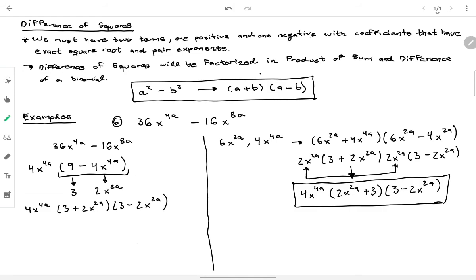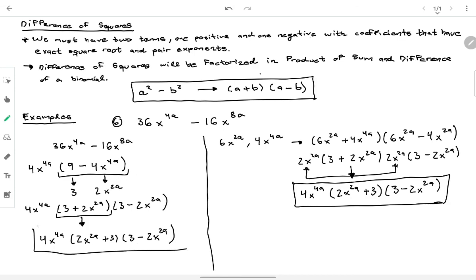Remember, we need to put it in the correct order because this specific binomial is not correctly ordered. So our answer is going to be 4x to the 4a, that multiplies 2x to the 2a plus 3, that multiplies 3 minus 2x to the 2a.